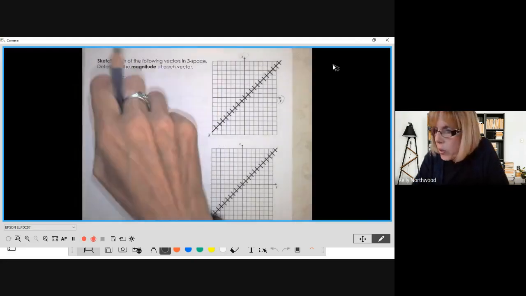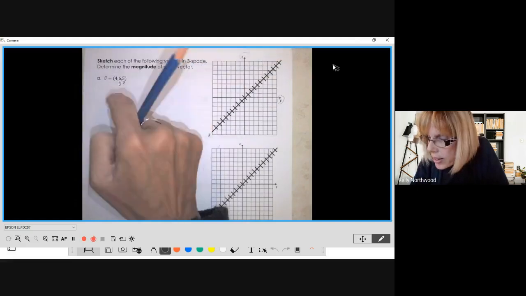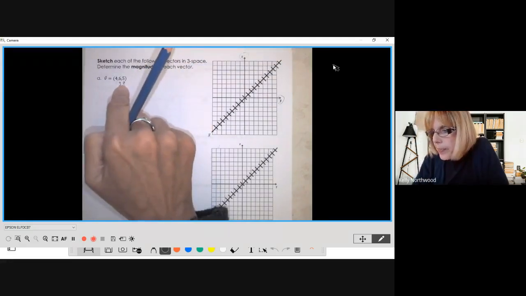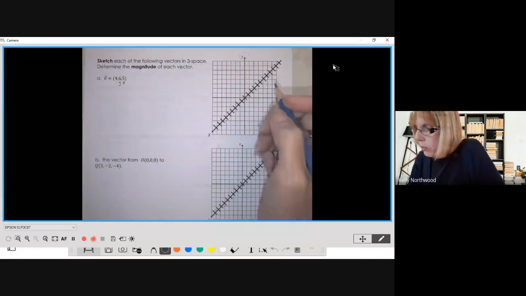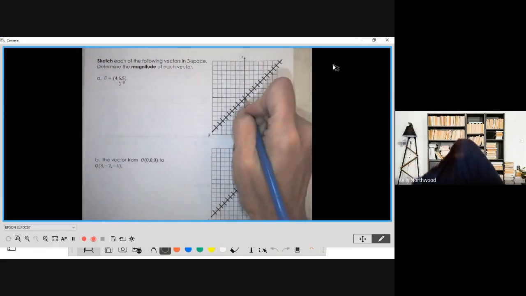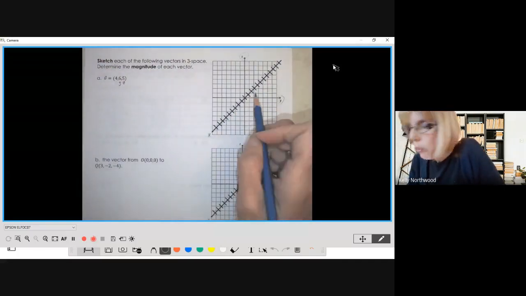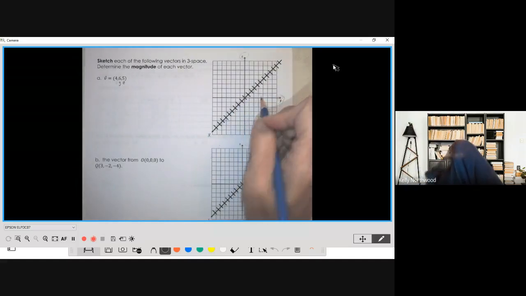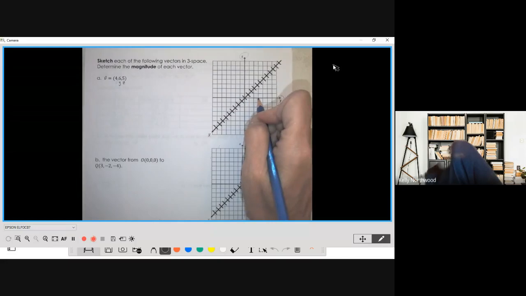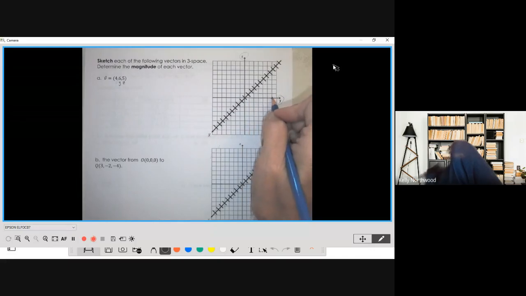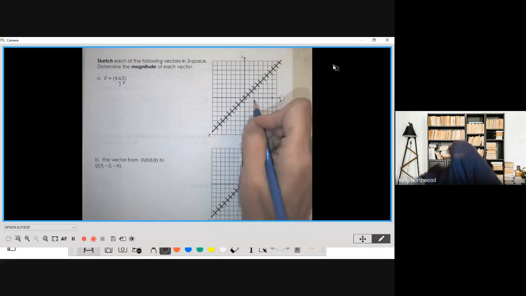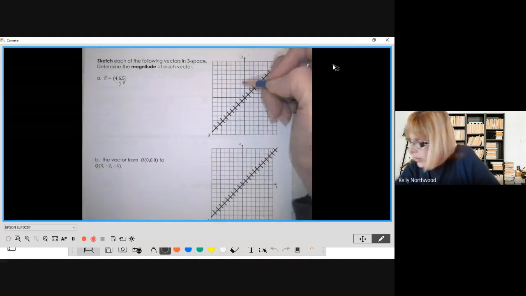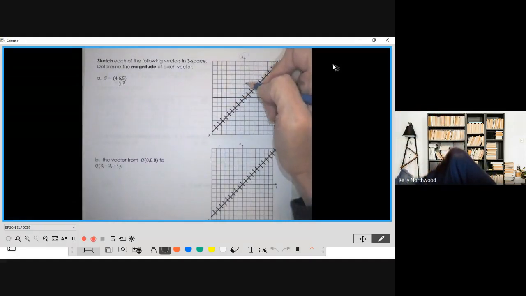So I ignore X for a moment, and I just focus on drawing the rectangle involving Y and Z. So positive 6 in the positive Y direction from 0, 0, 0, which is where my algebraic vector is going to start, would be over here. 1, 2, 3, 1, 2, 3, 4, 5, 6. And I know that 5 in the positive Z direction is up 5. 1, 2, 3, 4, 5.